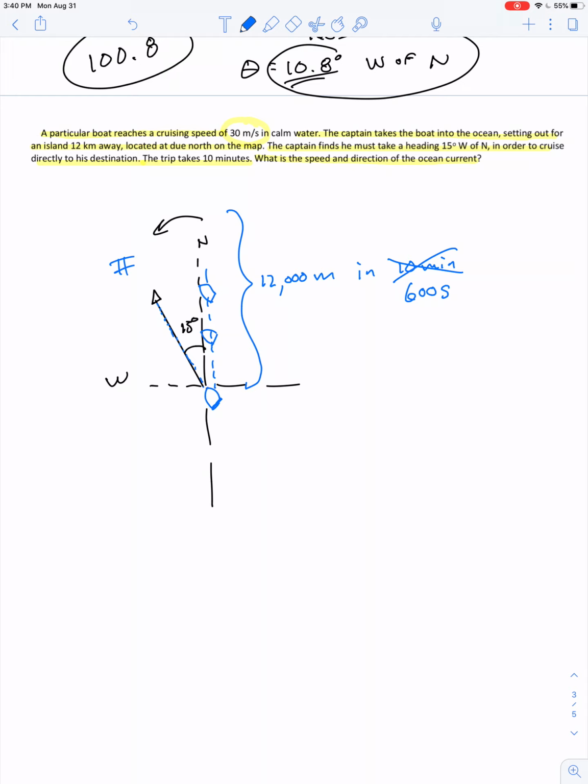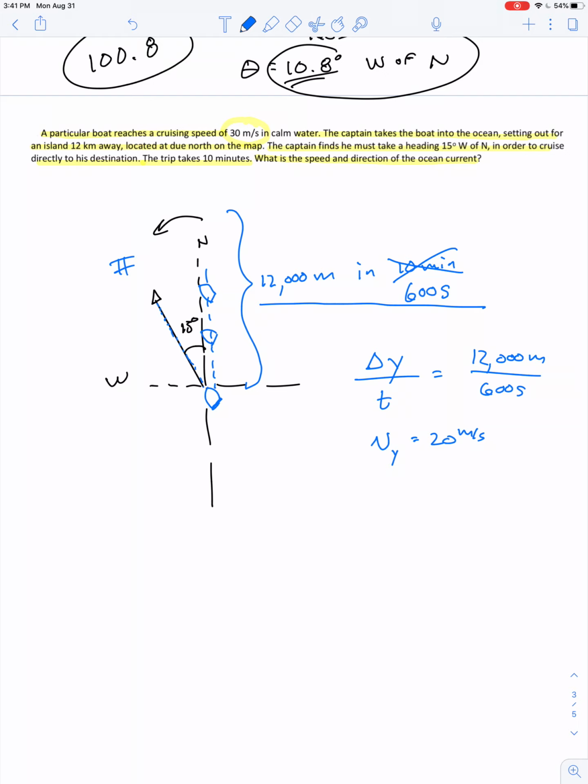Okay, so we get an idea of what the velocity of the boat is with respect to the water as well as with respect to the earth, or to the shore, if we want to say. So yeah, if we were to divide 12,000 meters, that's a displacement along the y-axis, by a time of 600 seconds, then we get a velocity along the y-axis of 20 meters per second.